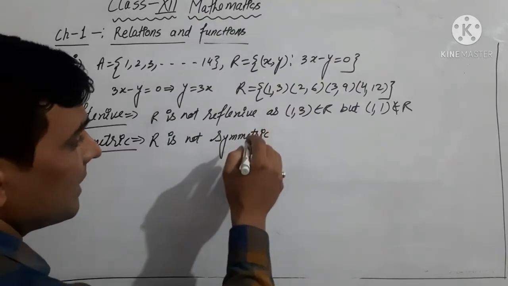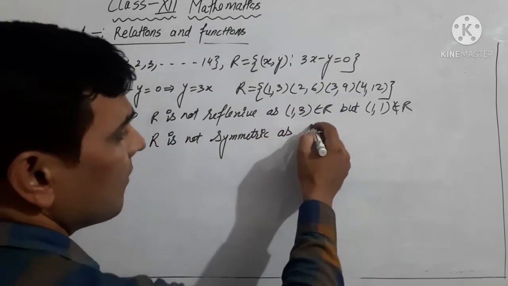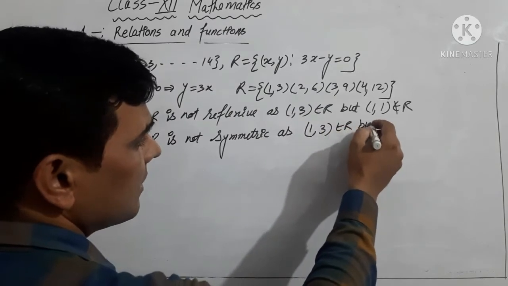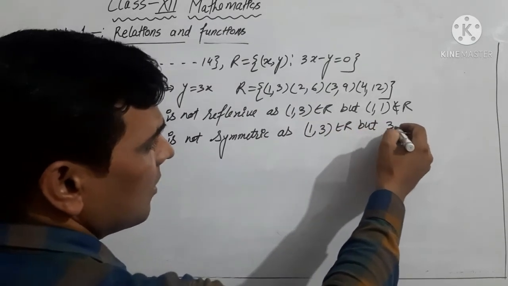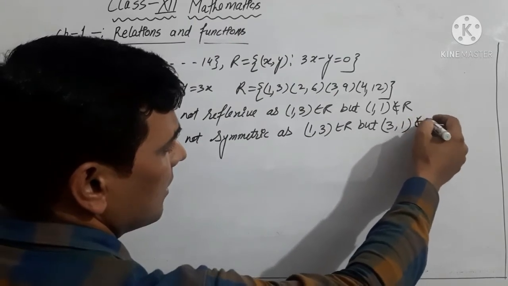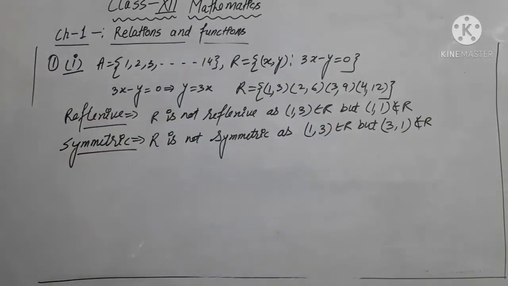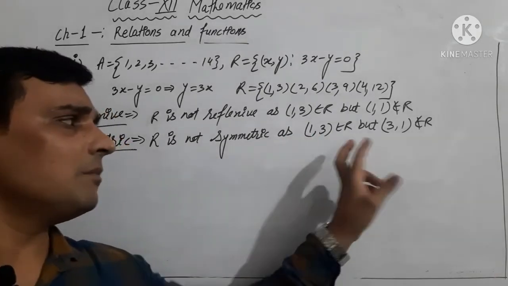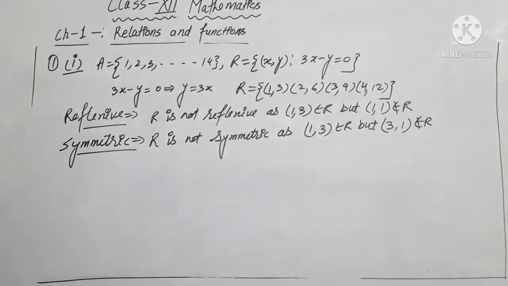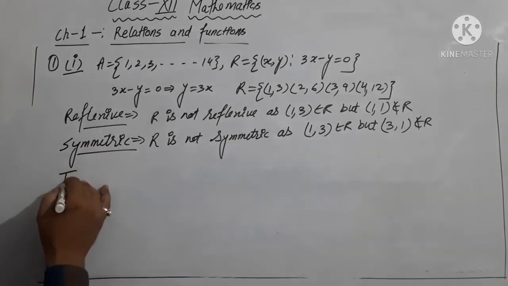R is not symmetric as 1 comma 3 belongs to R, but 3 comma 1 does not belong to R. If A comma B belongs to R, but B comma A does not belong to R, then the relation will not be symmetric. Now for transitive.